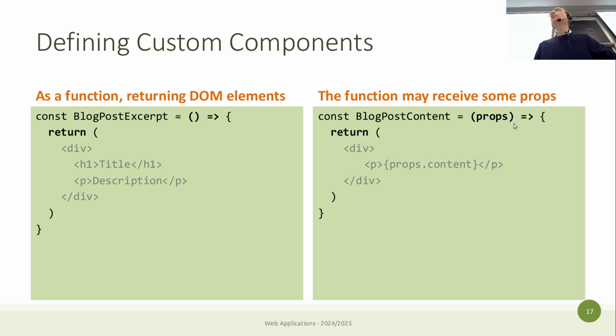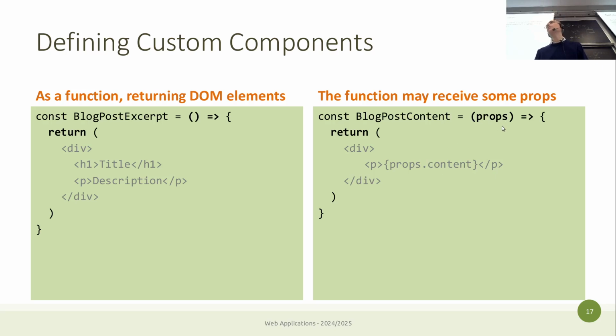Okay, this function is meant to be a React component, so React will call it with just one single parameter, which are the props that this component receives. Okay, so in short, we don't have to have a fixed output from our component, because this would be quite useless, right? I mean, if it's fixed, we can just directly write HTML. It can depend on something which is passed to the component, so the props, and from the props we can use any property that we like.